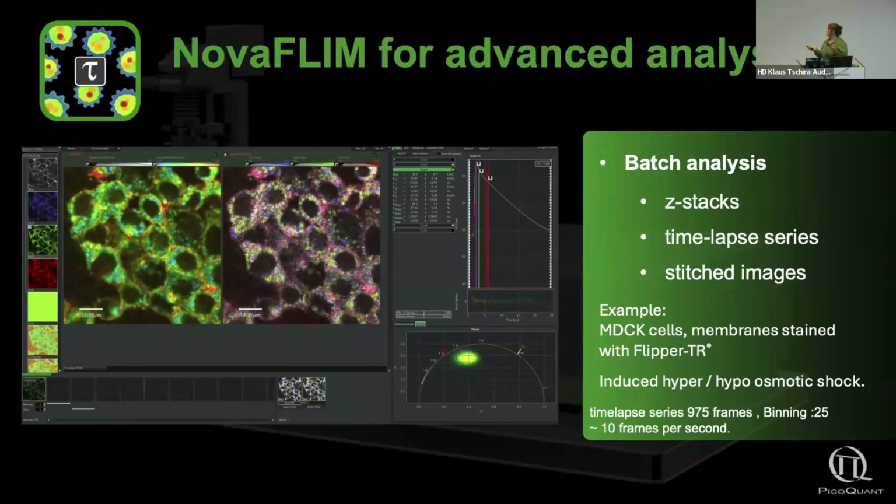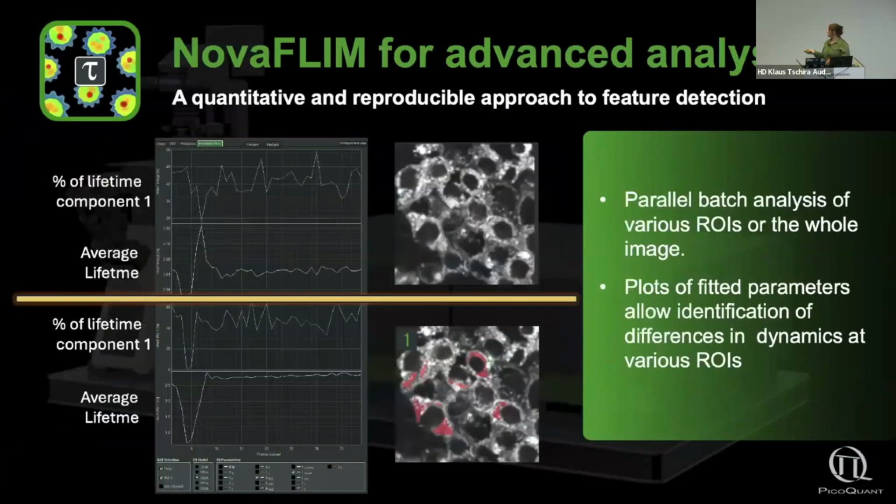For example, people are doing hyper or hypoosmotic shocks, and then you can see that in the batch analysis we can print it out over time. So you can see, for example, lifetime changes over your time series, percentage of lifetime in component 1 changing, the average lifetime changing, and so on. And this is done over the whole image, and then also over the ROIs that you have selected in parallel. So you directly get both data sets.